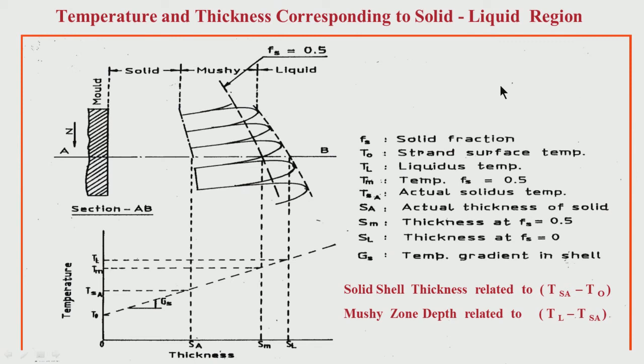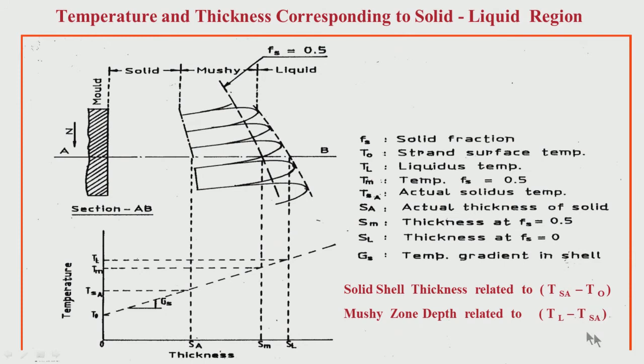The extent of segregation depends on the solute elements like sulfur, phosphorus, boron. These elements create more segregation. The reason is that the K value, the distribution coefficient, is very low for these elements. Not only that, this distribution coefficient is also different between delta and gamma.